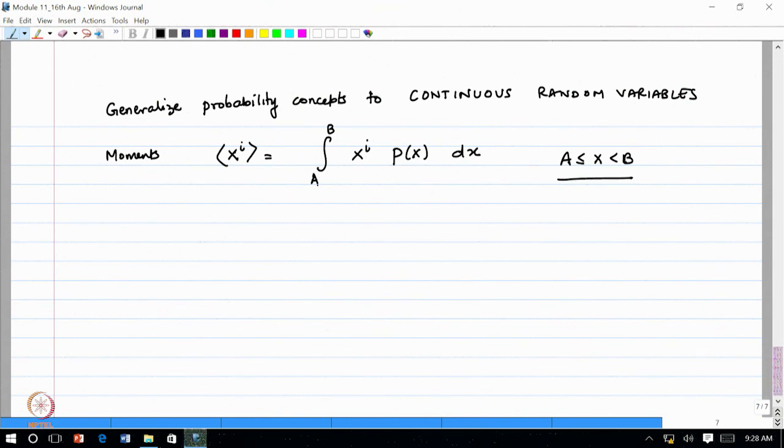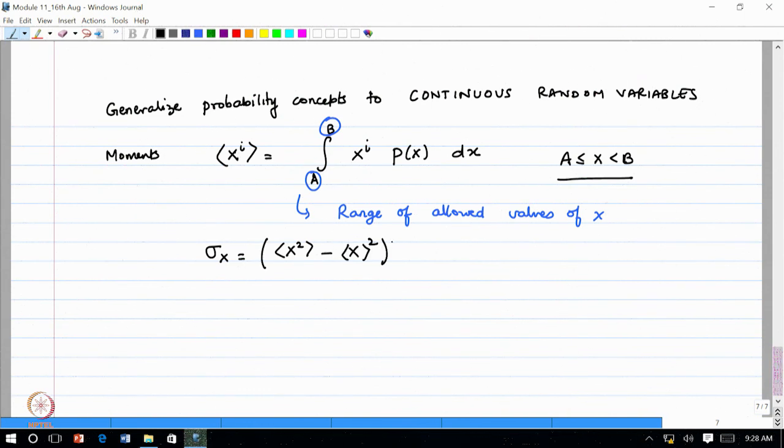This is the range of values of x. Now you can also define the standard deviation of x as the average of x square minus the average of x the whole square, raised to half, and using that definition you can define the average values of x.